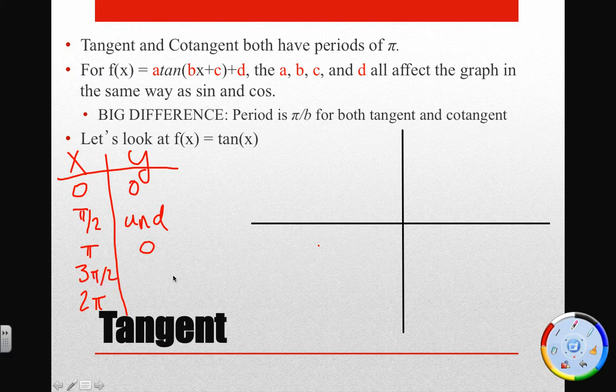I don't know why I deleted that earlier. Tangent of 3 pi halves is undefined again, and the tangent of 2 pi is 0 again. Well, that's not very interesting now, is it? If I did pi halves, pi, 3 pi halves, and 2 pi, and we go in the other direction as well, just to keep this symmetric here.